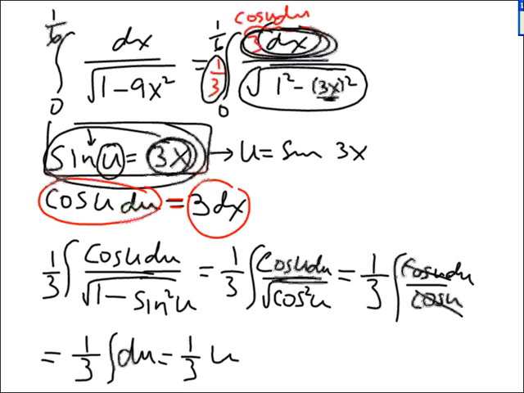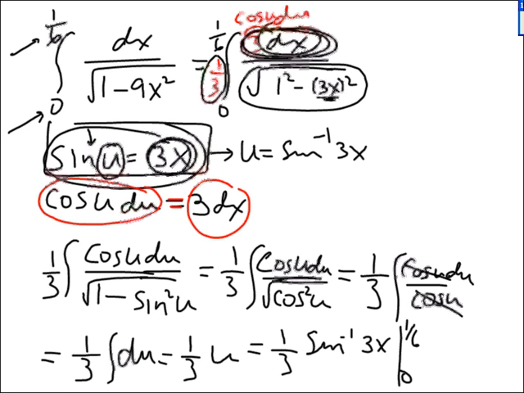If it doesn't say inverse and we interchange, well, now it does. So this is 1/3 times u, which is the sine inverse of 3x. Going back to the very beginning, evaluated from 0 to 1/6.